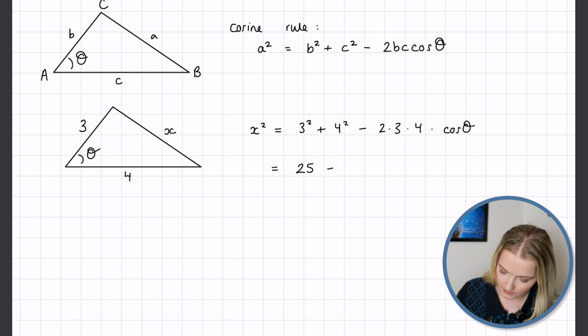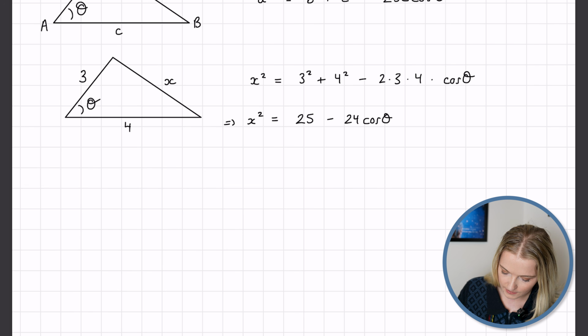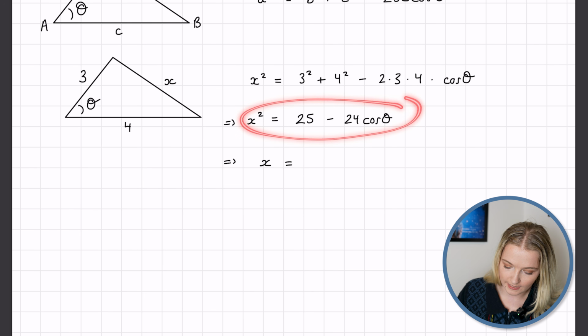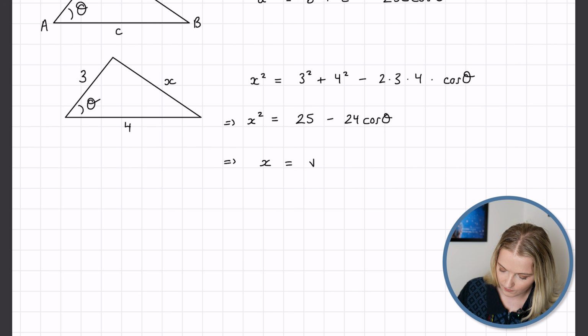So that would be minus 24 cosine of theta. And that's what x squared is. And then given that x squared is this, we just take the square root and we end up with this, the square root of 25 minus 24 cosine theta.